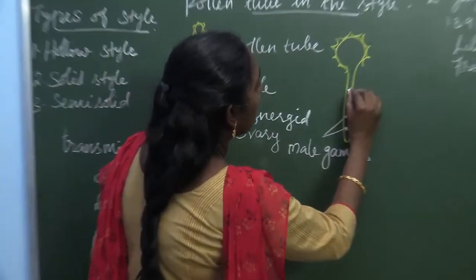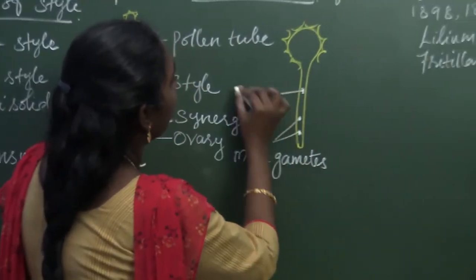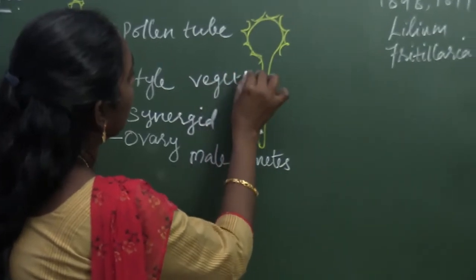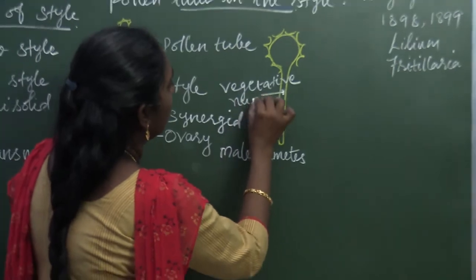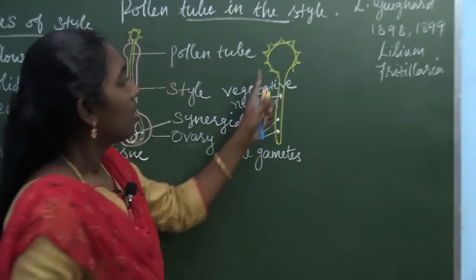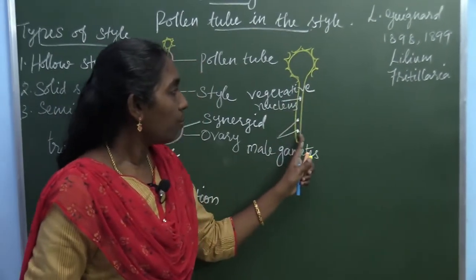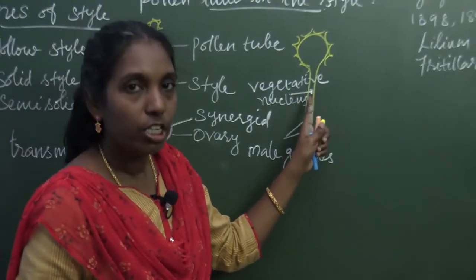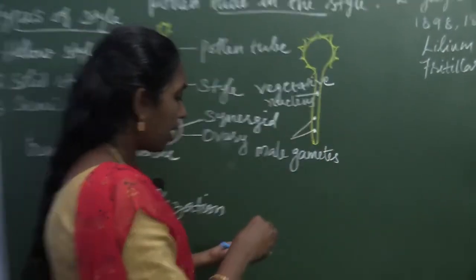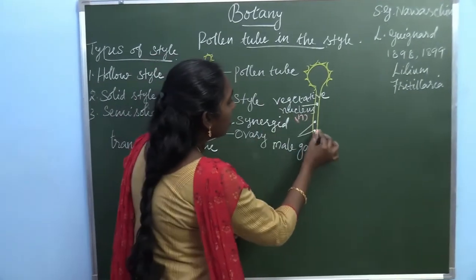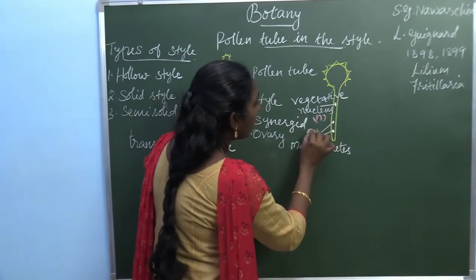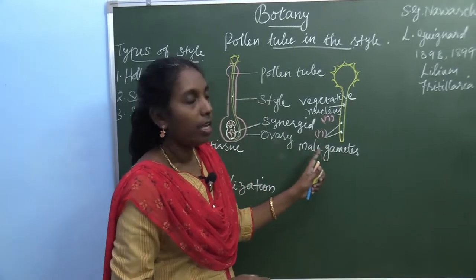And it contains a tube nucleus, the vegetative nucleus. So, the pollen grain contains 2 male gametes and 1 vegetative nucleus. This is N in number. The vegetative nucleus is N. The male gamete is also N in number, haploid.